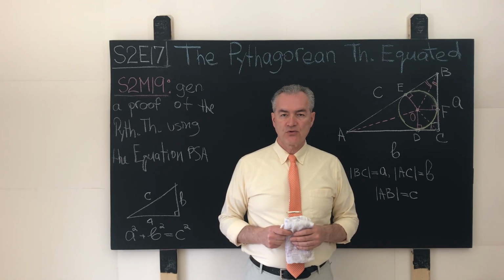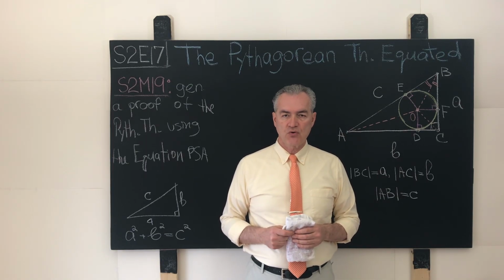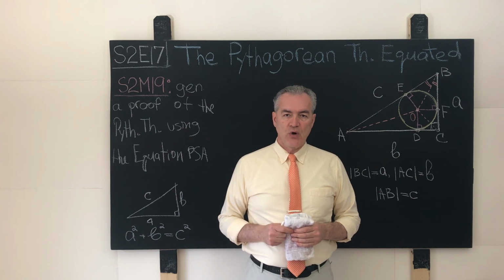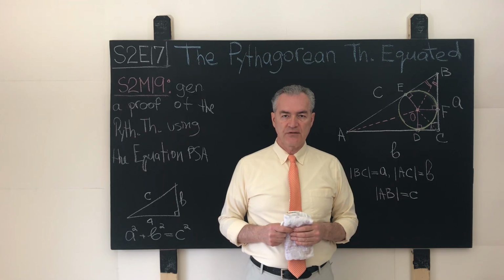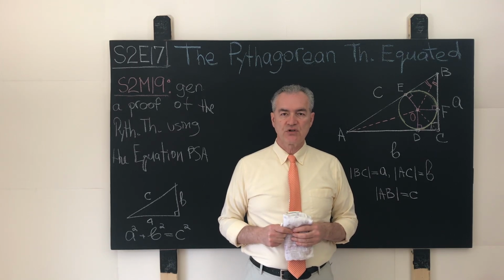In the previous episode, we explained that according to the equation problem solving approach, that is, if we want to solve this or that technical problem using an equation or a system of equations, we are to introduce as many variables as needed. Then we are to construct as many equations as possible using the variables that we just introduced.